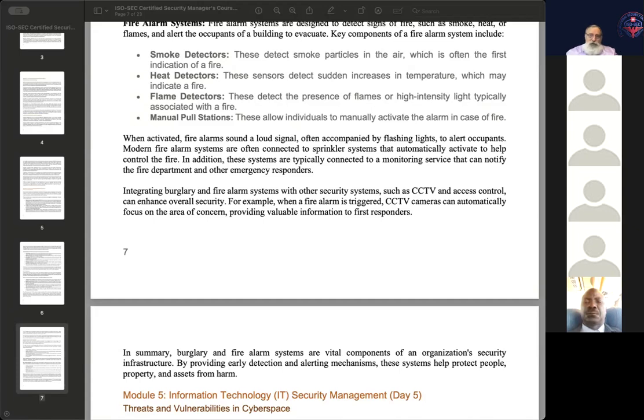FM 200 was created to extinguish the fire by removing oxygen without killing the human. So it's the best for a server room, for offices and so on.